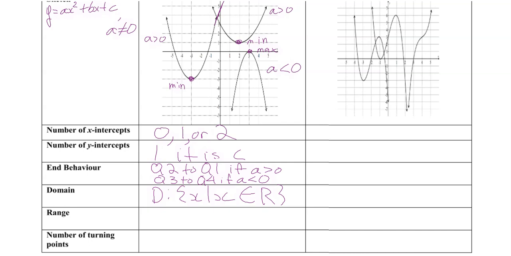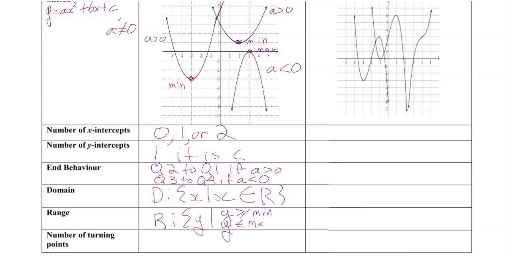So what can we say about the range? If it has a minimum, what do we know about all these other values? What do they have to be? Yeah, so greater than or equal to the minimum. If it opens down, then what can we say?